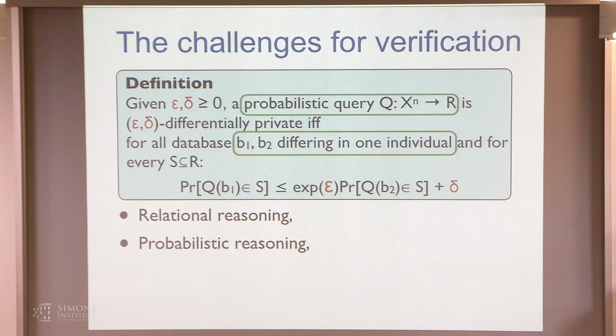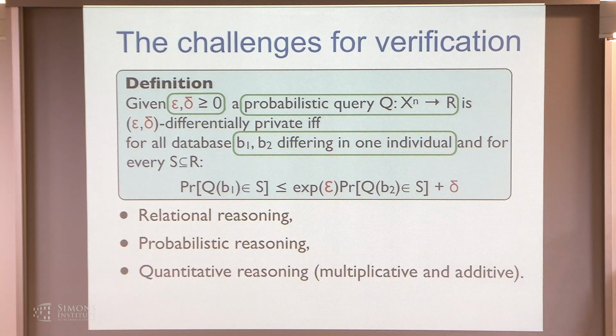Then there is a lot of probabilistic reasoning, which sets differential privacy aside from other settings. And then there is also quantitative reasoning, because we know that we can think about this parameter of the definition of differential privacy as some kind of budget, and we need to reason about this.